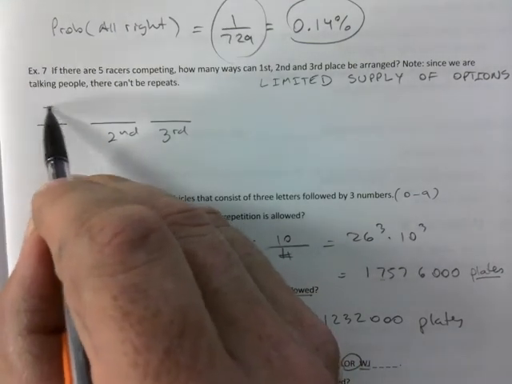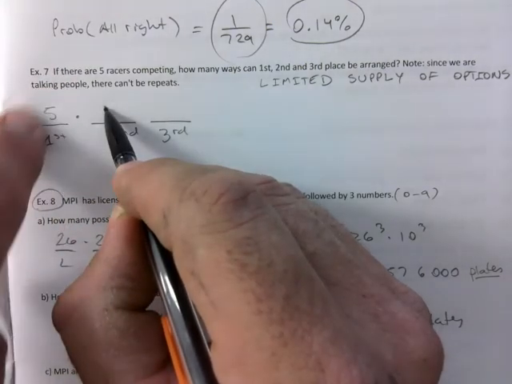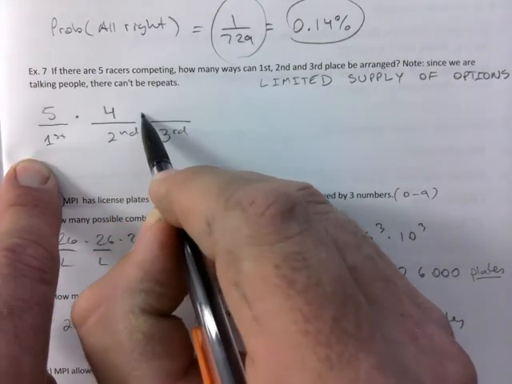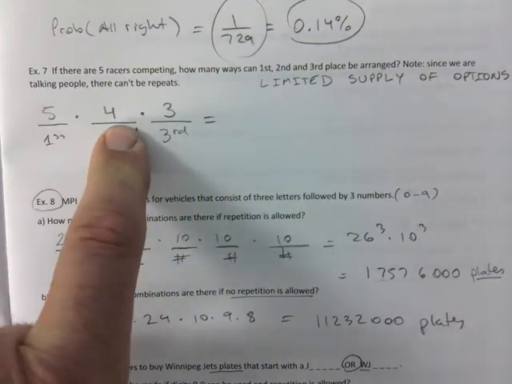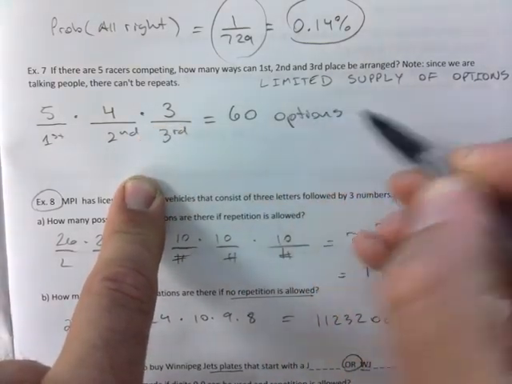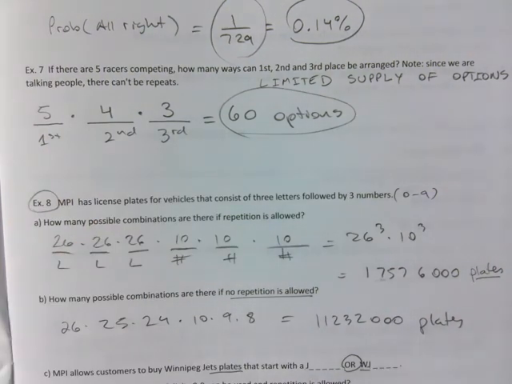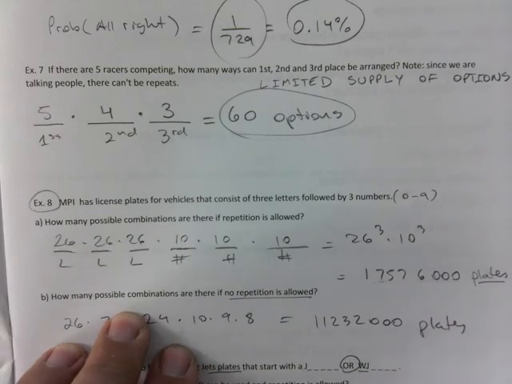So you've got 5 racers for the first place. Now, one of them has been attributed to first place. There's 4 left for the second place, and therefore 3 left for the third place. So this is 20 times 3, 60 options. There's 60 ways to give first, second, and third place. Obviously, skill level is not in the mix here, but this is potential ways of getting your final lineup of 3.